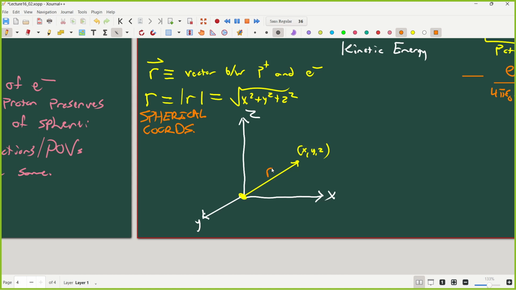What's the latitude and longitude, if you will, of the object? So we introduce two angles. First is the angle theta, which is the angle subtended between the position vector and the z-axis. And then let me see if I can draw this a little bit easier. Just a sec.